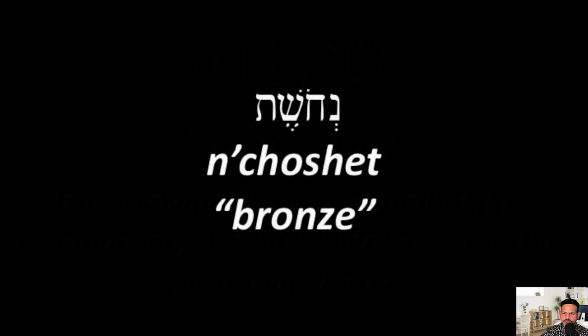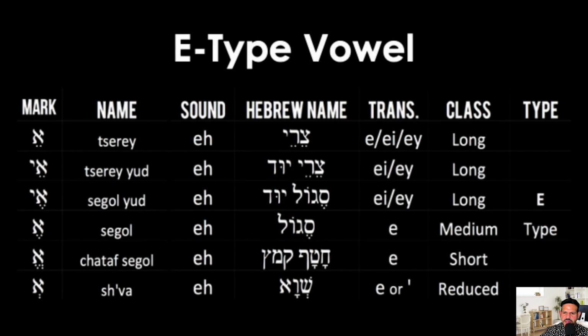So the first shva you see under here is a short e sound, because we learned that the e vowel has the sere yud, and segol yud being a long e, and then segol, 3 dots and a downward triangle, a medium e, and then the 5 dots, which is a segol, and the shva next to it, called chataf segol, as short, and then one final form of the e.